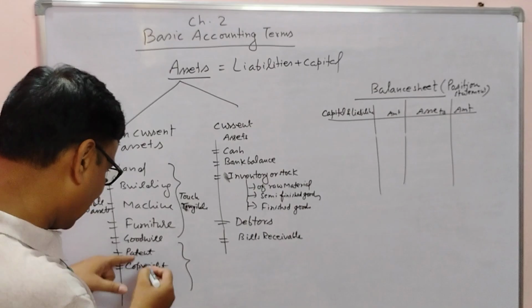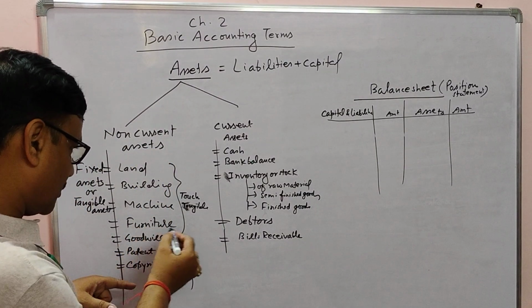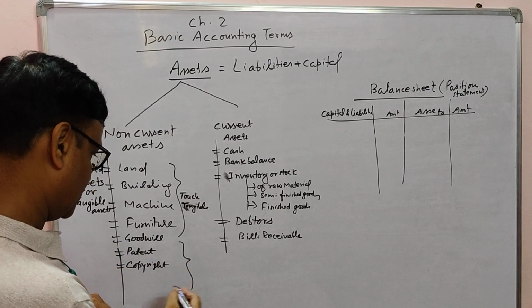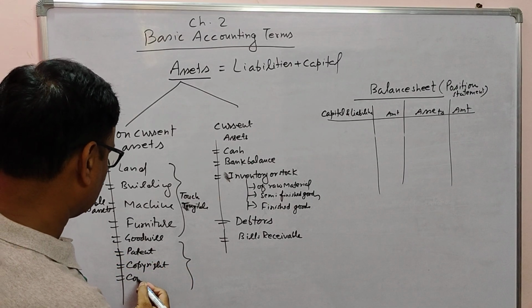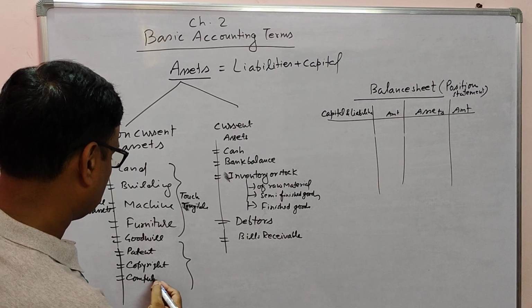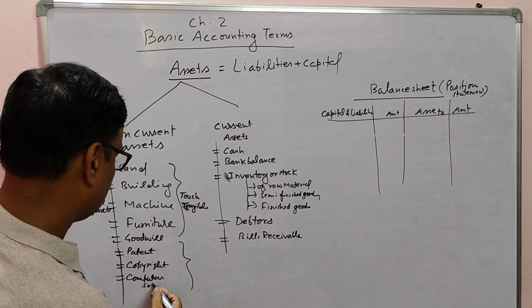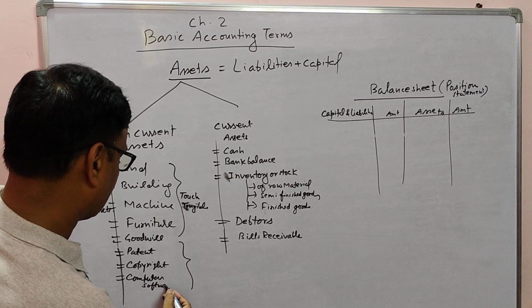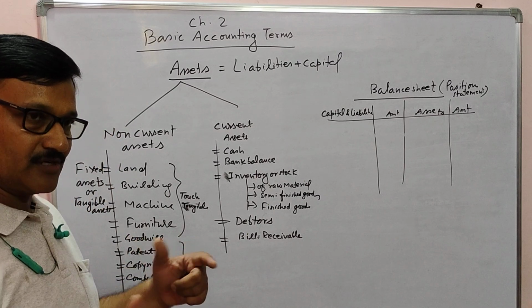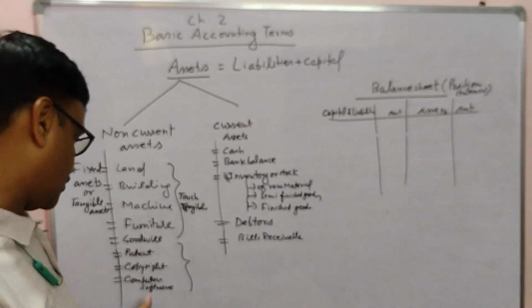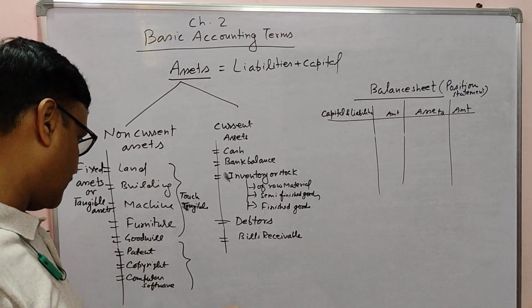So these are also assets. But these are different from those because those we can touch, these we cannot touch. Computer software you can also include in this. Computer hardware you can touch, but software you cannot touch. So these are patent, copyright, computer software, goodwill.